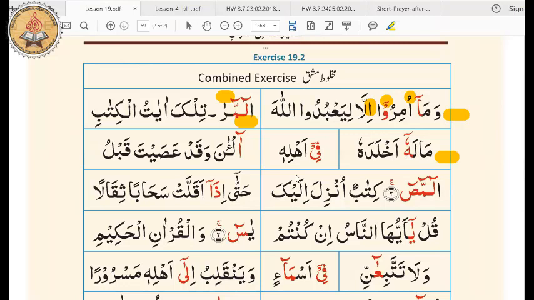Well done. Next one. Ladahu. Well done. Just a bit more. Over here, this kha is bit thick one, so it is akhladahu. Ladahu. Well done, mashallah. You read really very well.